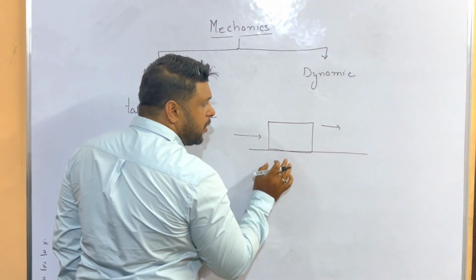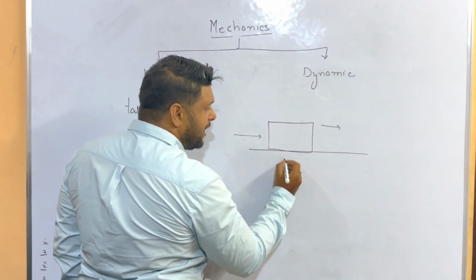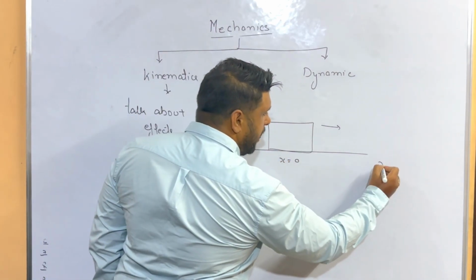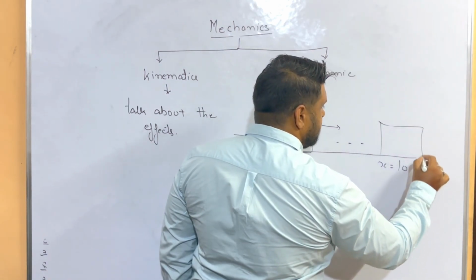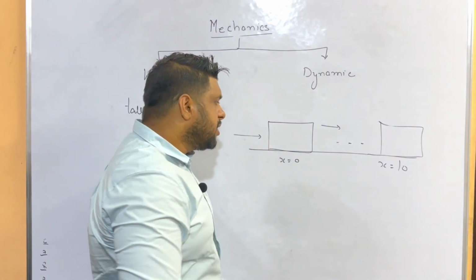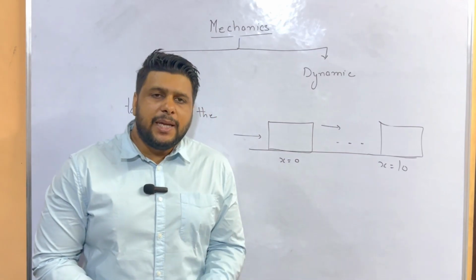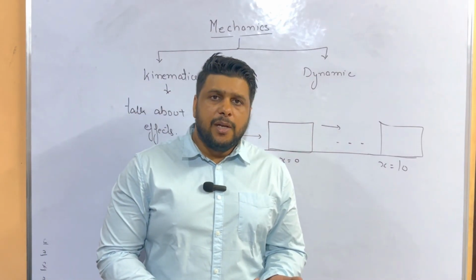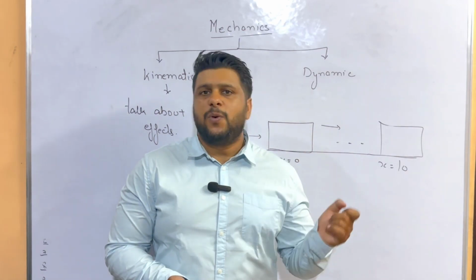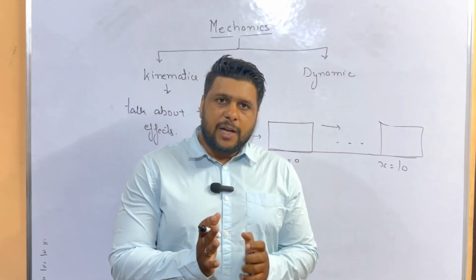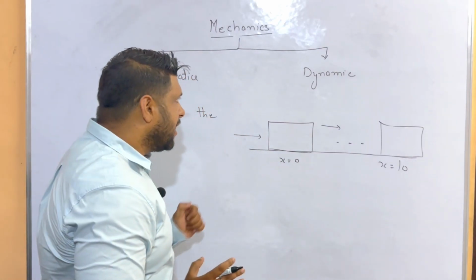In the kinematics part we will only see that, let's say, here x is equal to 0 and here x is equal to 10, meaning that after some time it has come here. We are going to study only this portion from x = 0 to x = 10, how much speed it has attained. Why it stopped, we won't study here. So we are only going to talk about the effects of the forces in the kinematics part.